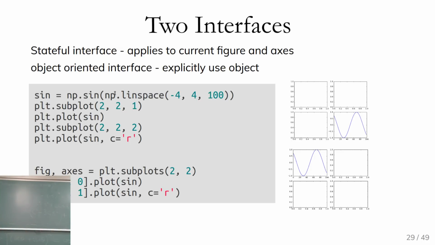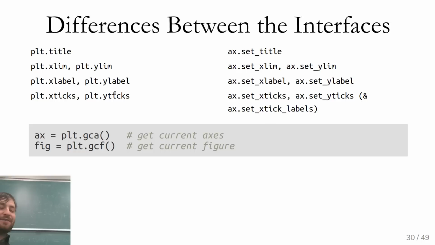One issue, though, is that all the commands look different. The plotting commands look the same. So you can see here at the top, doing plt.plot and axis.plot looks the same. They're both called plot. For all other commands, they're different. So if you want to set the title of an axis, it's either plt.title or axis.set_title.